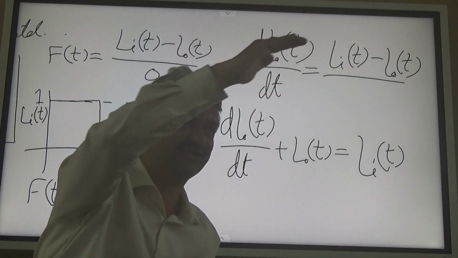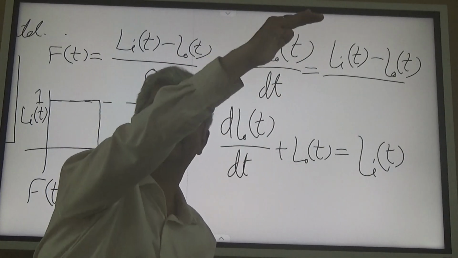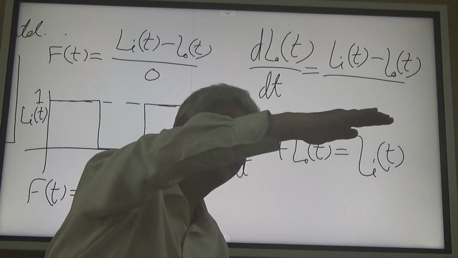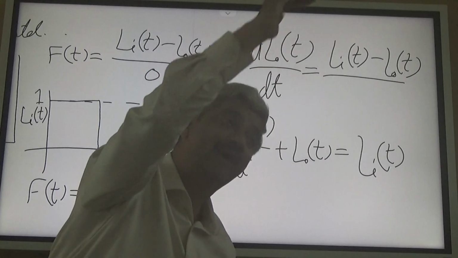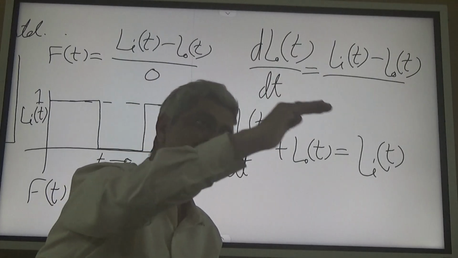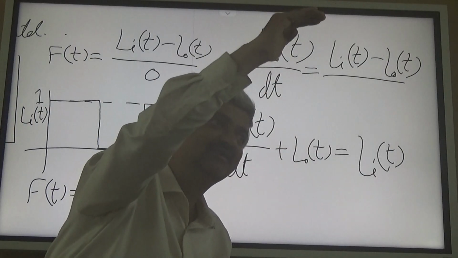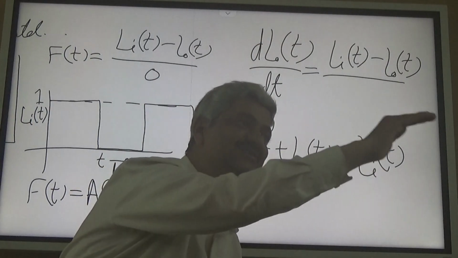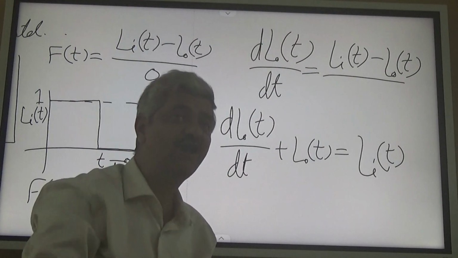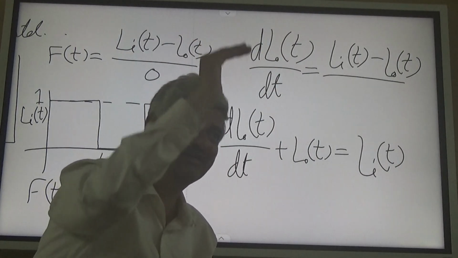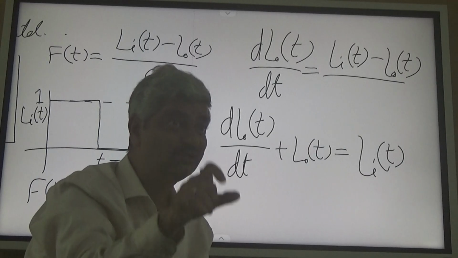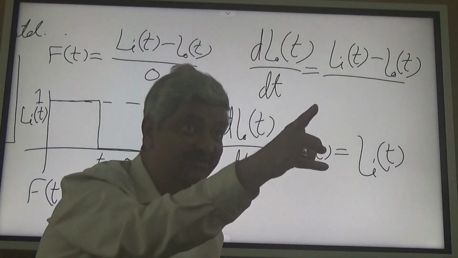If I say amplitude is fixed at 1, it can be 0, 1, 0, 1, or bidirectional, 1, minus 1, or 0, 1, 0, minus 1, 0, plus 1, a trapezoid, or a square 0, 1, 0, 1, then the frequency will change. Also the duty cycle will change.